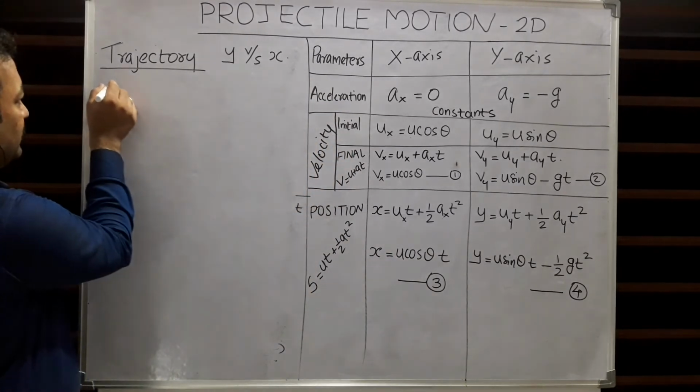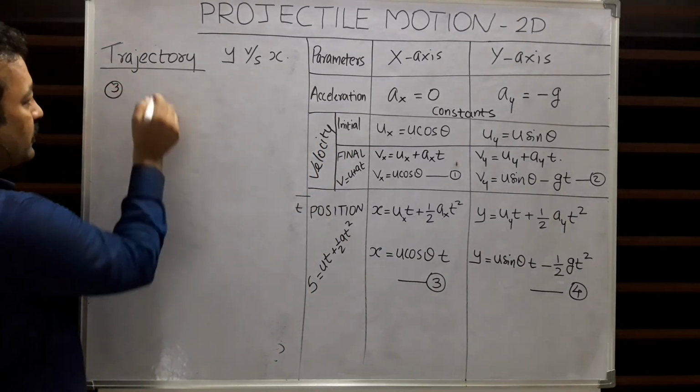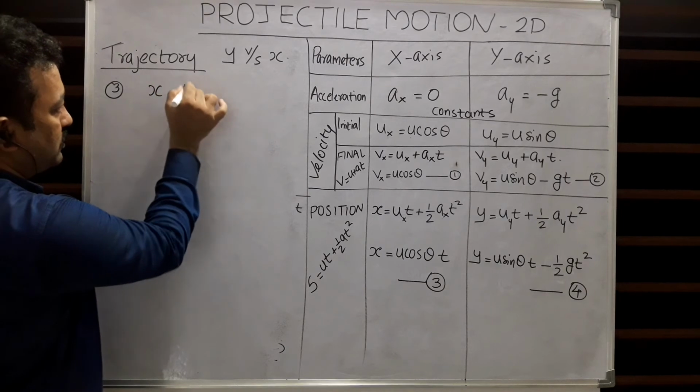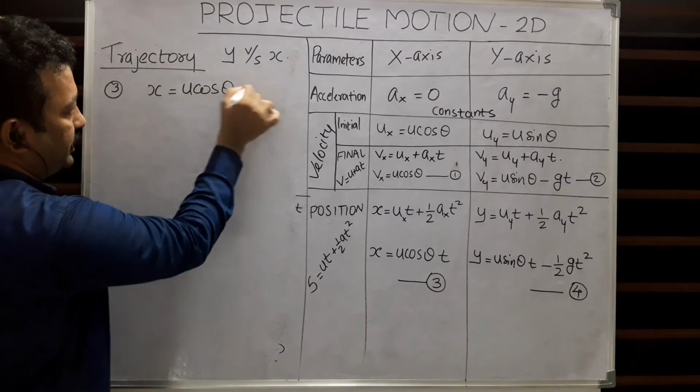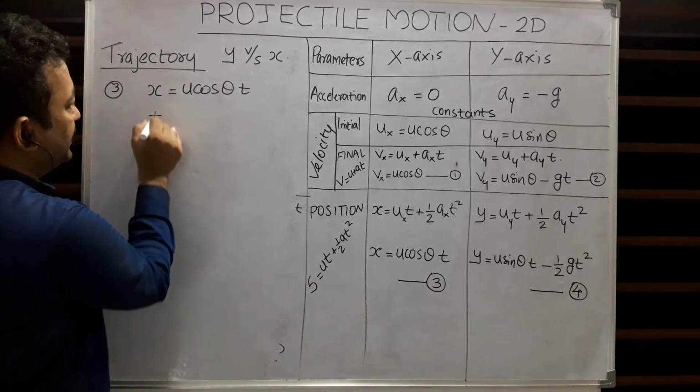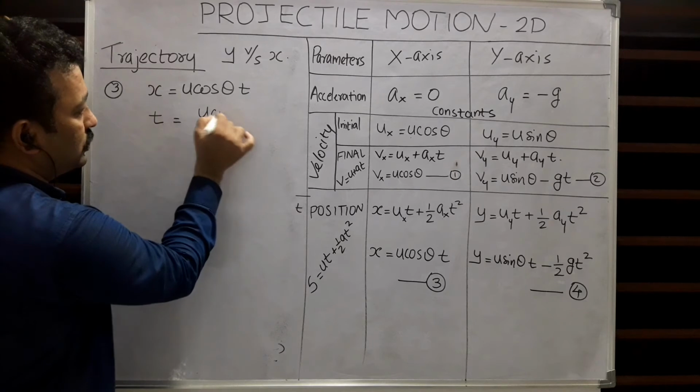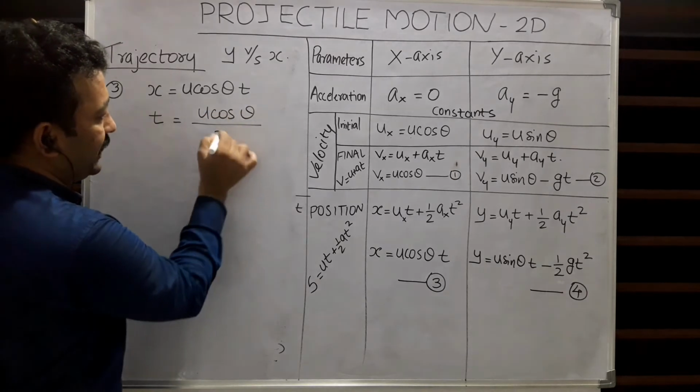What is equation 3? From 3 we have x is equal to u cos theta into t, or I can write t is equal to x over u cos theta.